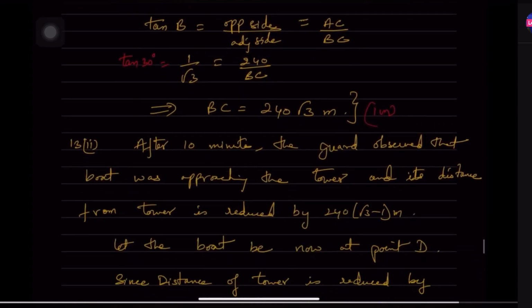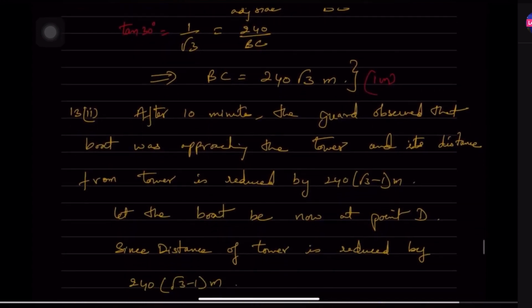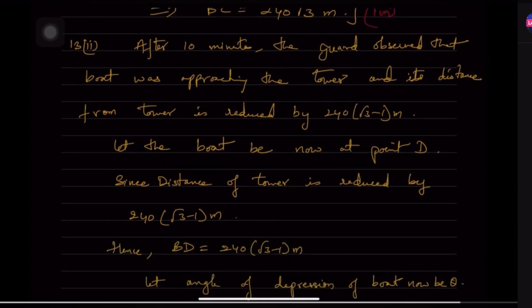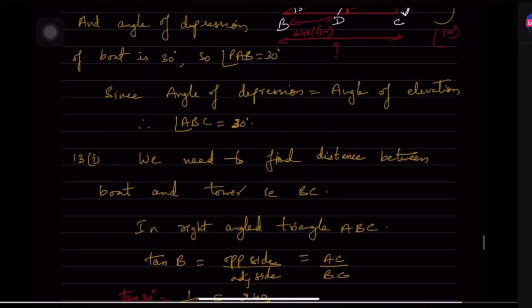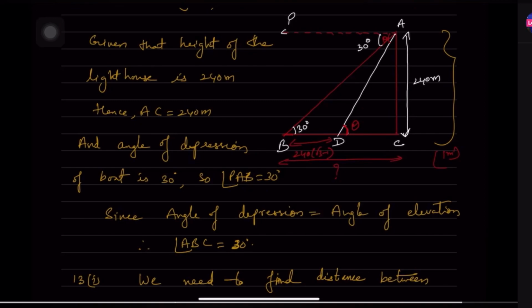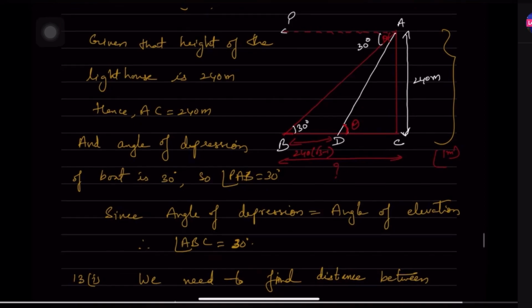It has covered so much distance. Let the boat be now at point D. Since the distance from the tower is reduced by 240 into root 3 minus 1 meters, BD is equal to 240 into root 3 minus 1. This is the part which we have written here.